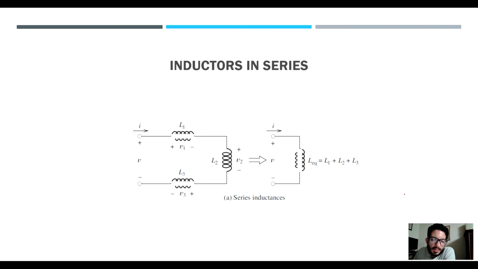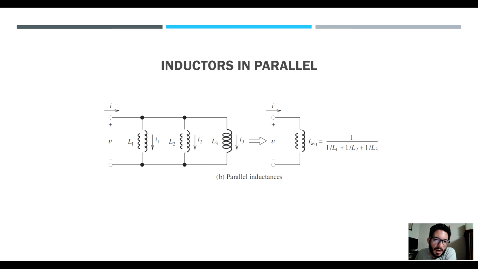So when we have inductors in series, we can treat them pretty much like resistors. Remember, with resistors you can find a total inductance, LT, by adding up the independent inductances. When they're in parallel, they also behave like resistors.